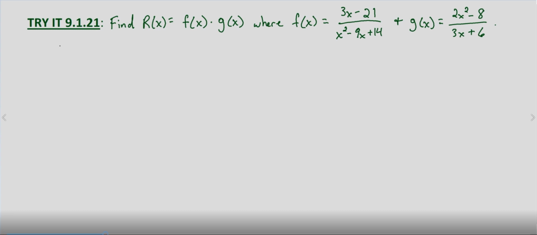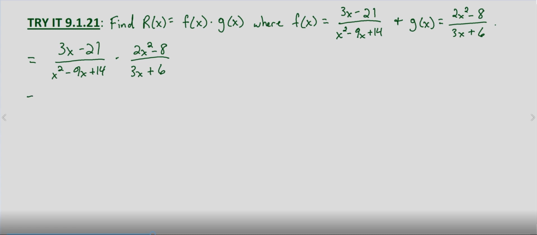So we just take 3x minus 21 over x squared minus 9x plus 14, and then we multiply times g of x, 2x squared minus 8 over 3x plus 6. We're looking at the same exact process we had before.